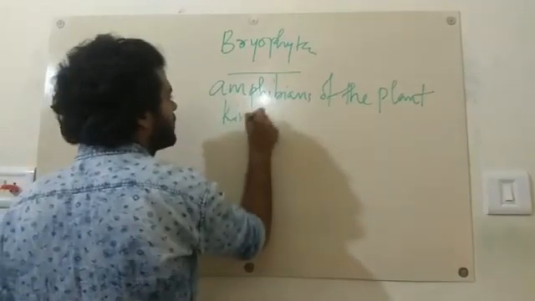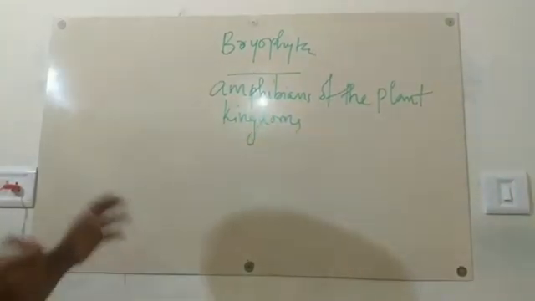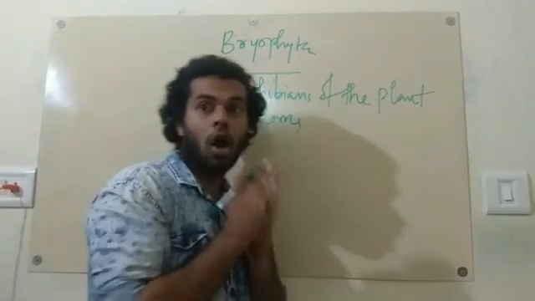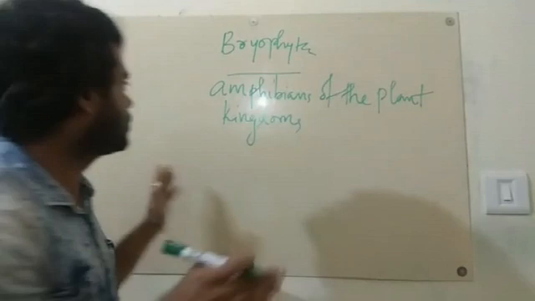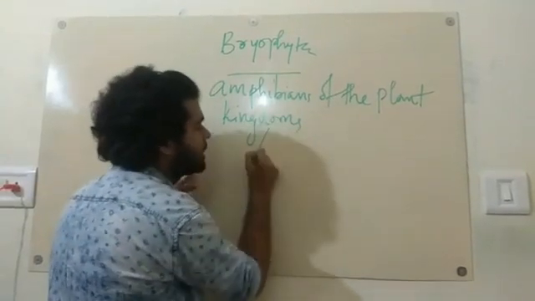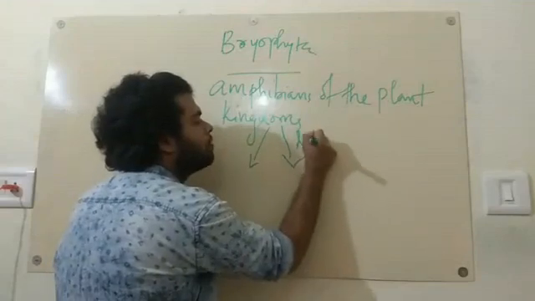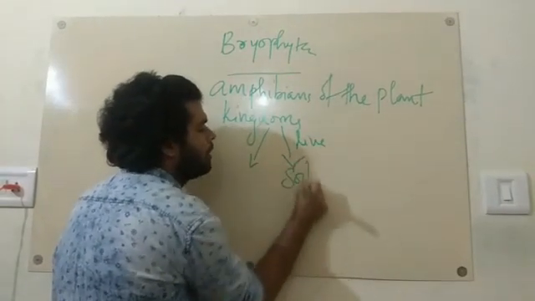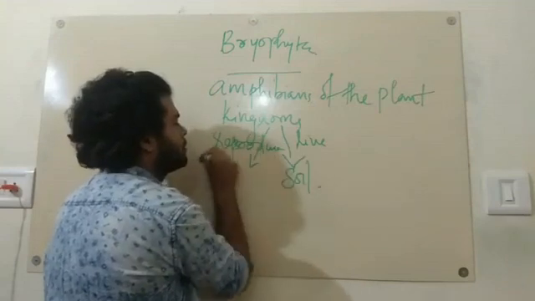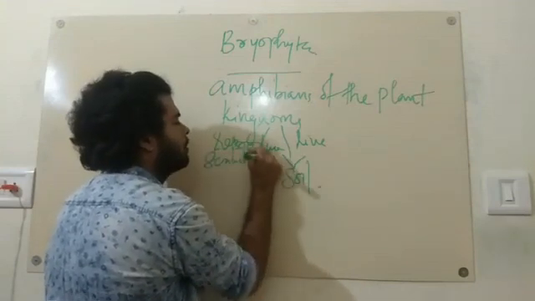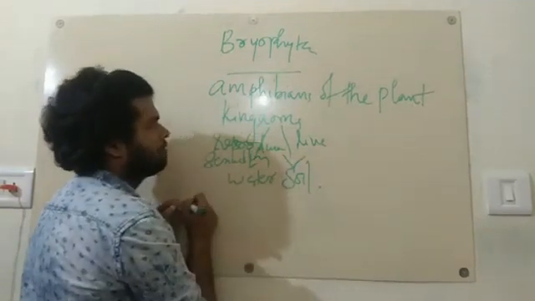Not just because the plant body is differentiated to form stem and leaf-like structures, but because their life cycle is divided into two: they live in soil and reproduce sexually in water. So that is why they are known as the amphibians of the plant kingdom.